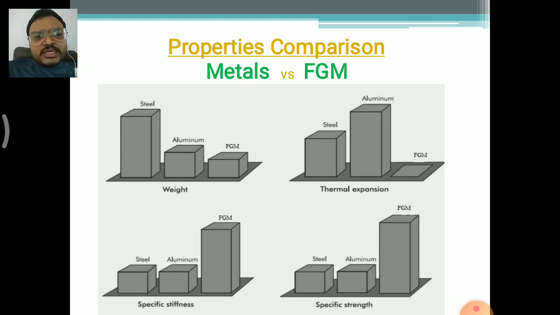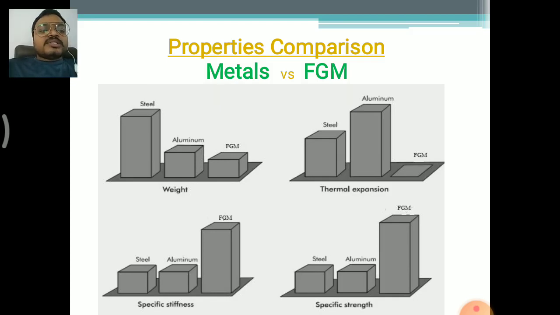We know that aluminum weight is very low compared to steel, cast iron or copper. So aluminum is a little bit better, but it is somewhat higher than the FGMs. The FGM weight is very much less than the normal metals. So the first one is the weight comparison.